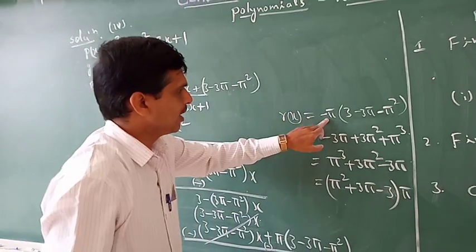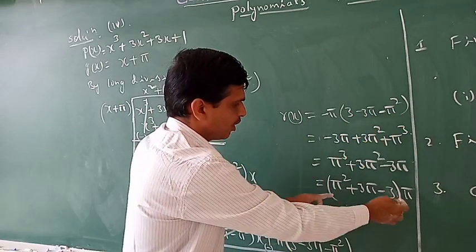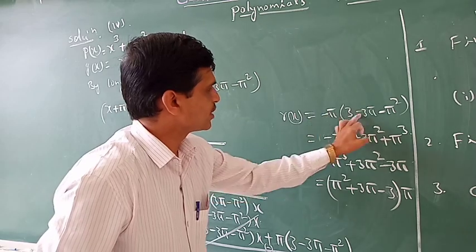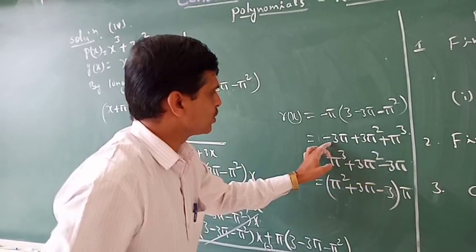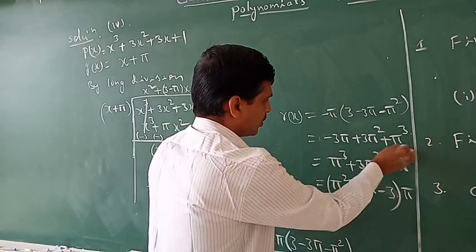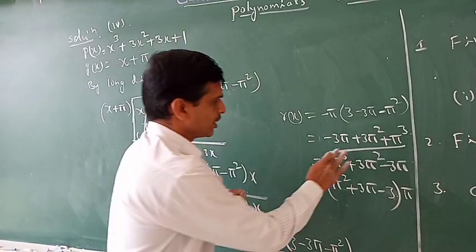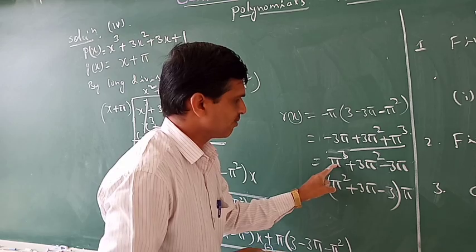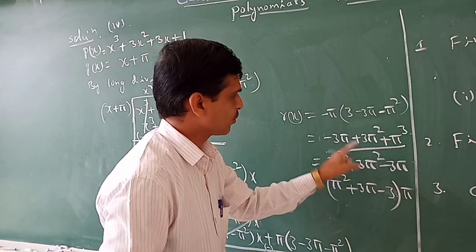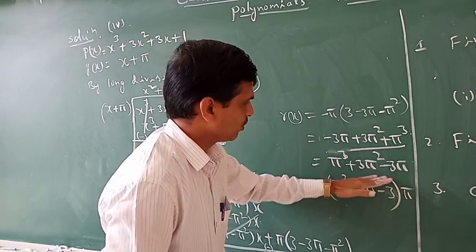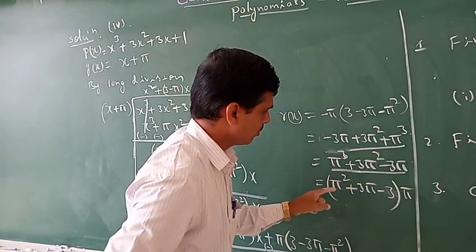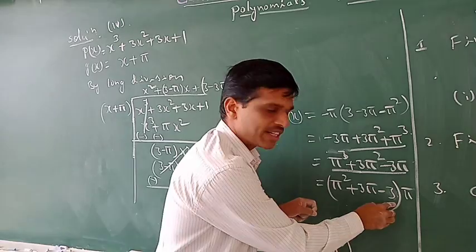I just multiplied this and this, and took the common factor: 5 into 3 is 3 into 5, and plus into minus into minus is plus. Writing 5 cube as the first term, then 3 into 5 square minus 3 into 5, we can take 5 as common. So the remainder is 5 square plus 3 into 5 minus 3.